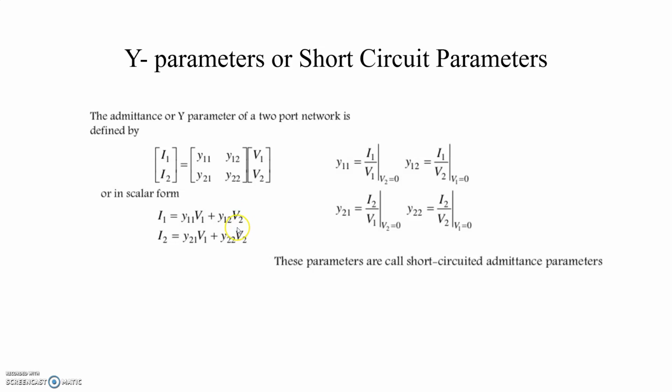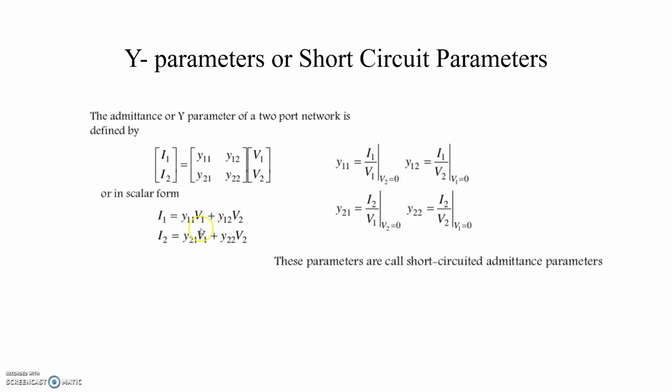Substitute V2 equal to 0 in these two equations, that means short circuit the output port, and find Y11 and Y21. Y11 is I1 by V1, which is called the short circuit input admittance. Y21 is called the short circuit forward transfer admittance.